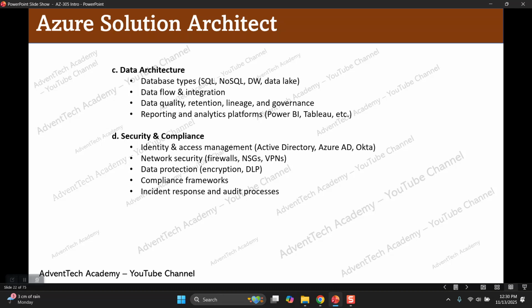We have to run the assessment for identity and access management, Active Directory, Azure AD, Okta. The security firewalls, network security, firewalls, VPNs, data protection, encryption and DLP policies, compliance frameworks, incident response and audit process.